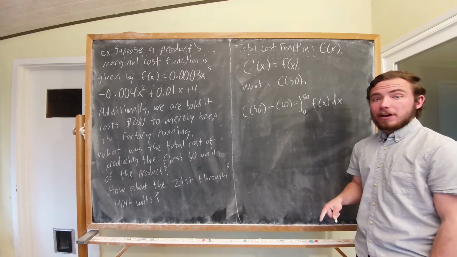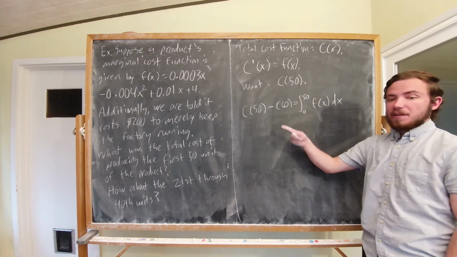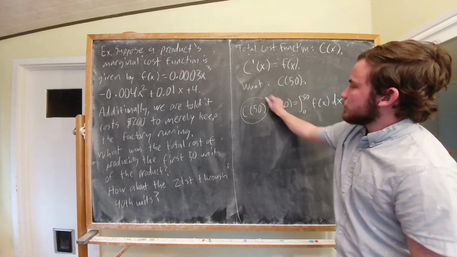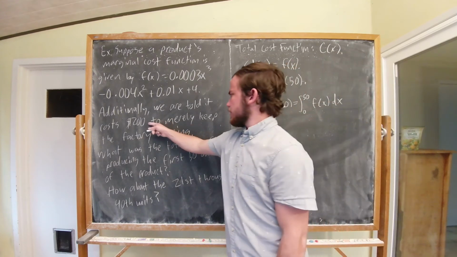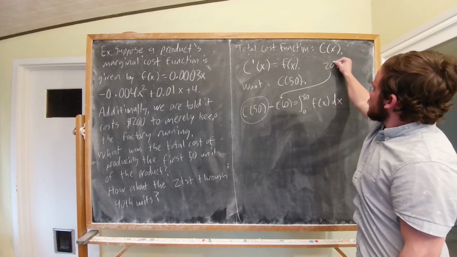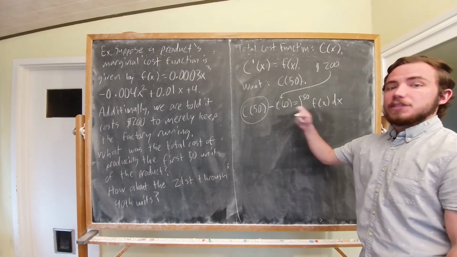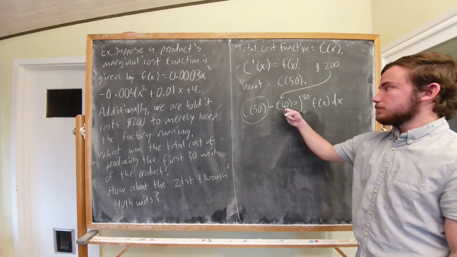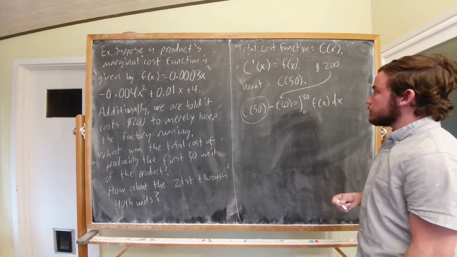By the fundamental theorem of calculus. C prime of x is little f of x, so this whole thing is valid. This is what we want, and we're told C of 0. C of 0 is 200. Right? The cost of making 0 units is, well, C of 0.